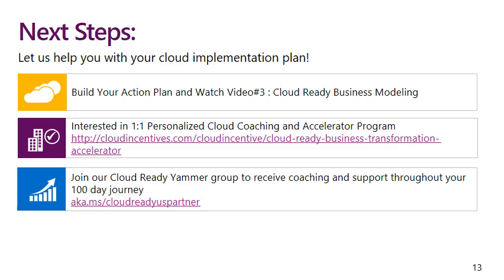You will also want to watch for our next email where we will cover designing your CSP business model, how to stay in touch with other partners via Yammer, and I recommend you explore the one-on-one personalized cloud coaching and accelerator program to help you build your action plan. Microsoft has negotiated special pricing with us to give you access to the personalized cloud coaching if you're interested. Again, I look forward to engaging with you in the Cloud Ready Yammer group and supporting you through your journey.